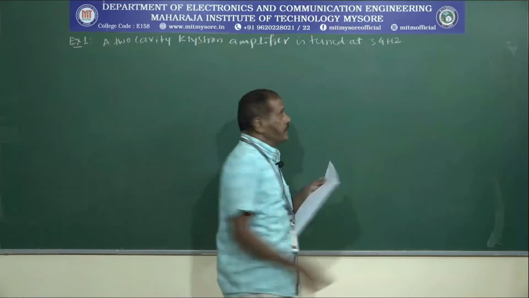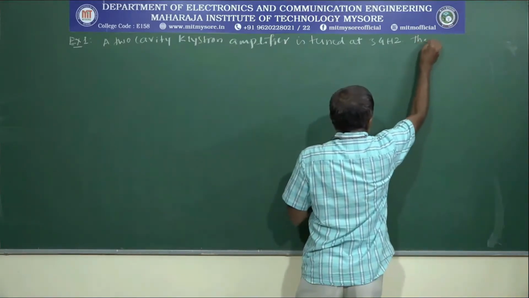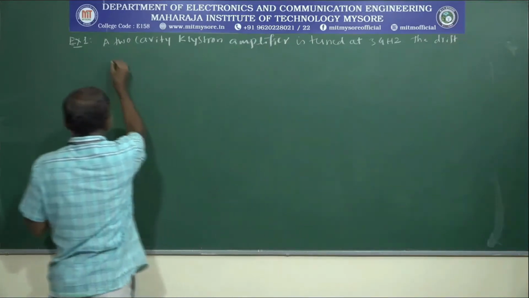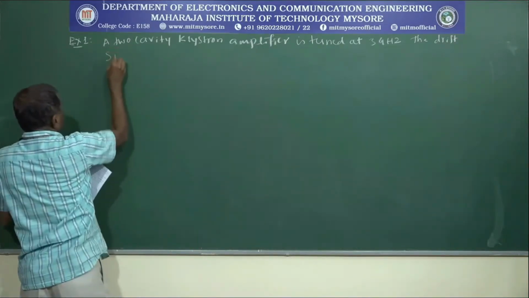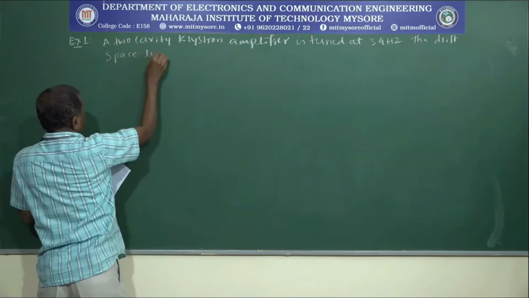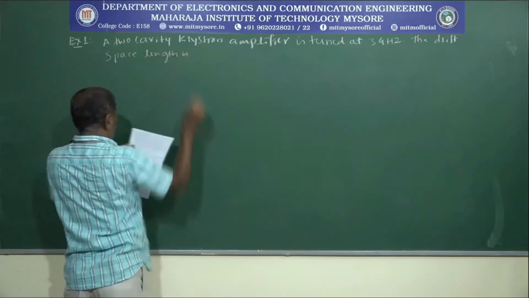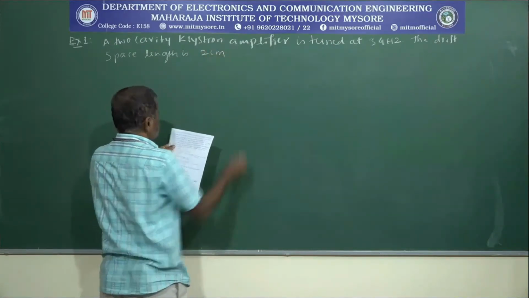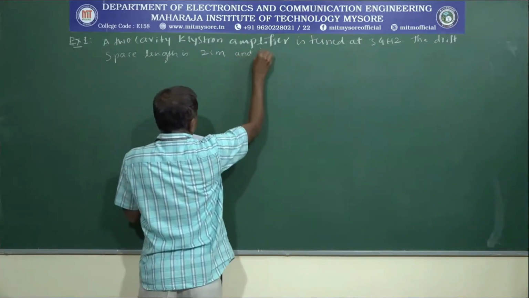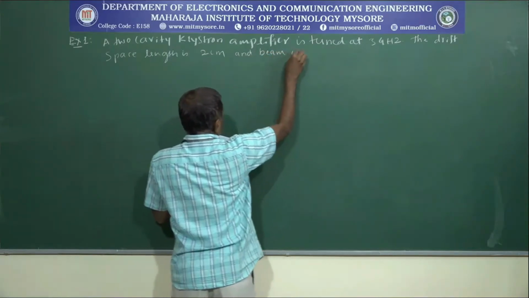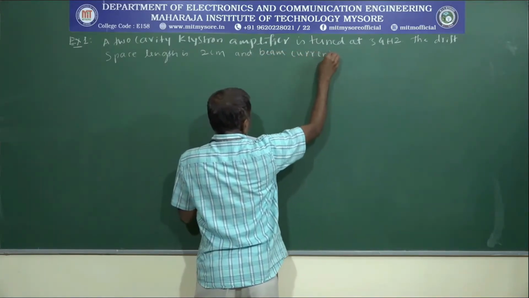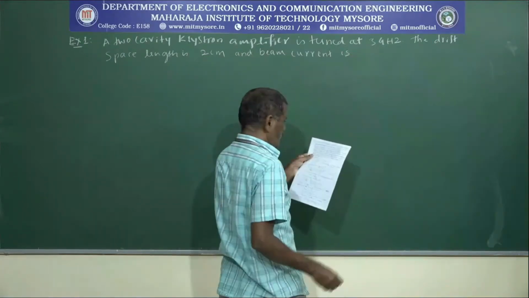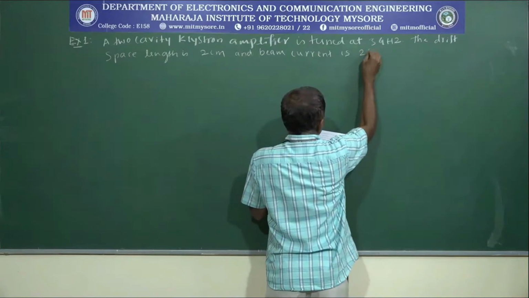The drift space length is 2 centimeters and the beam current is 25 milliamperes.